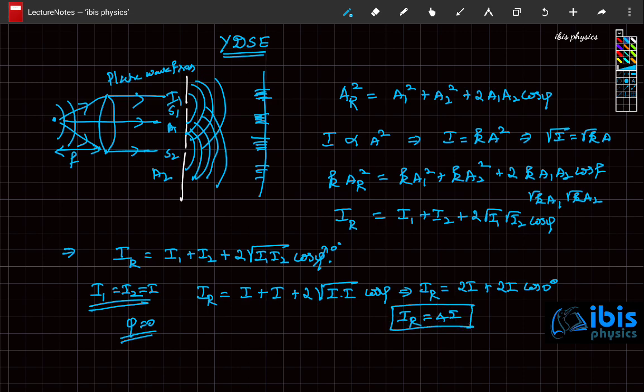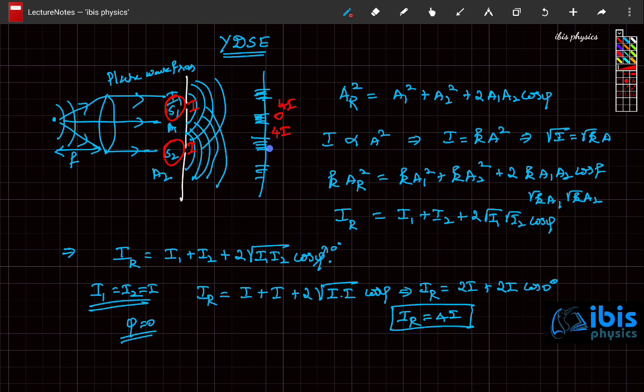So this is a striking thing. Suppose you have two light sources, source 1 and source 2. If the interfering intensities are I, all the bright spots will have 4 times the intensity, and all the dark spots have 0 intensity.